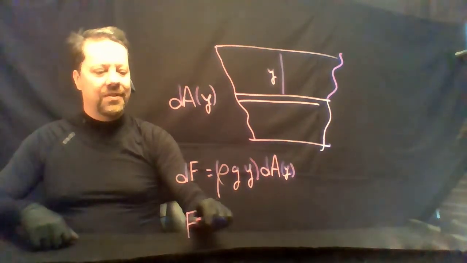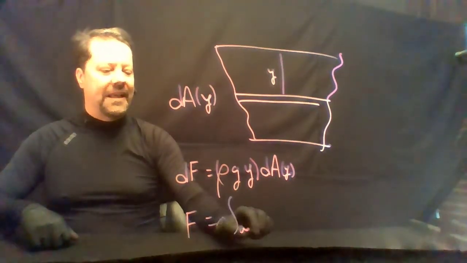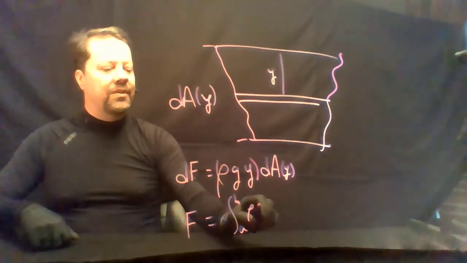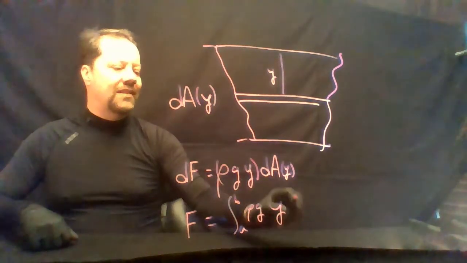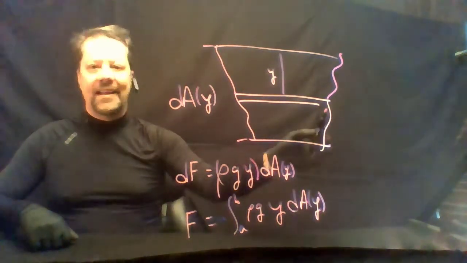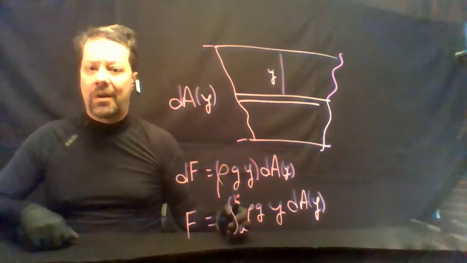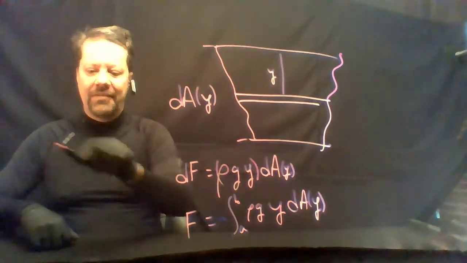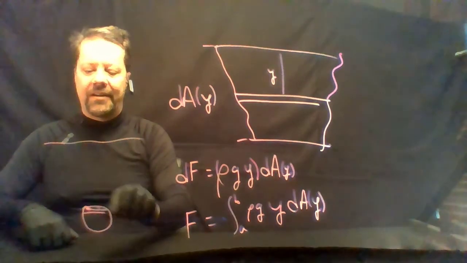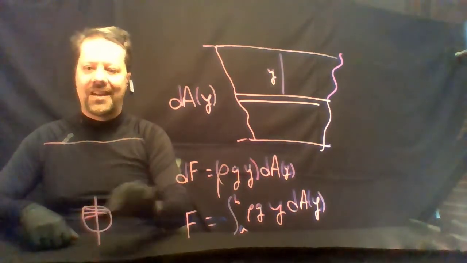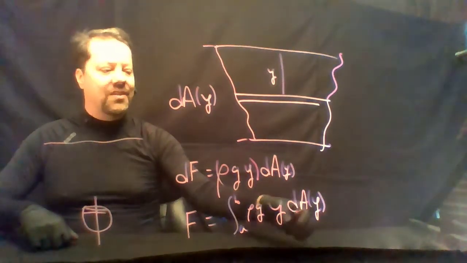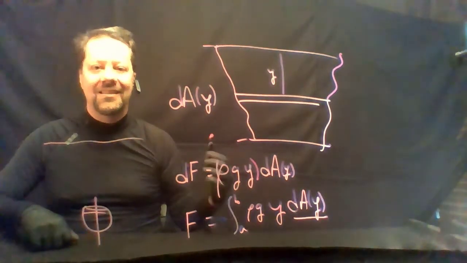The total force then will be the integral from a to b of rho g y times that element of area, which will be a function of y. That element of area will depend from problem to problem. If you're dealing with a submarine window, the element of area will depend upon where you are on the cross-section of that window. So we can't determine what this is until you state what the problem is.